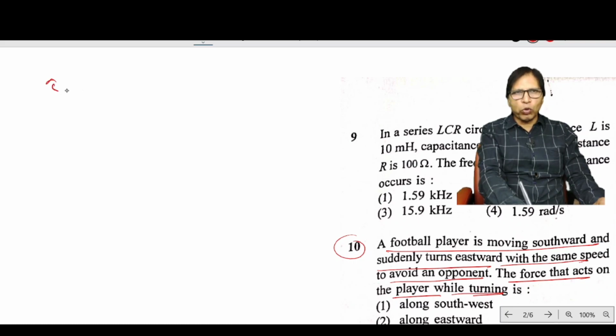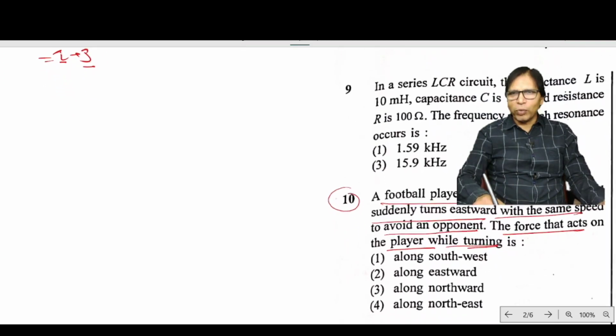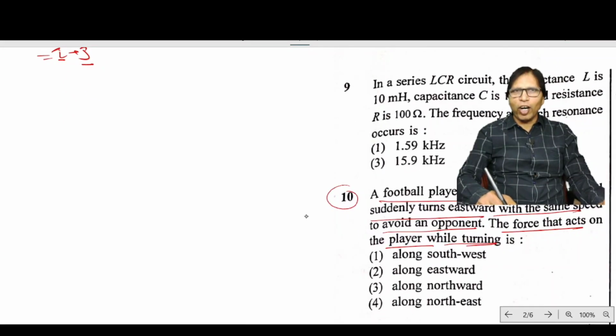Initial is the southward, so this is minus j cap. So this is i cap plus j cap. Now i cap is east, plus j cap is north. So this is northeast. Look at the options, northeast. So option 4 is correct.